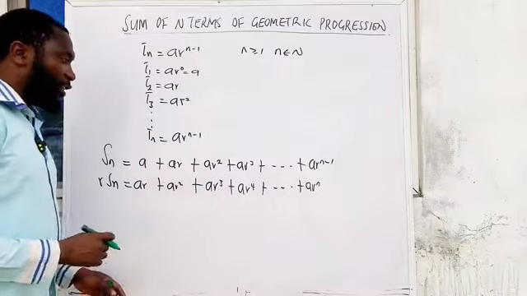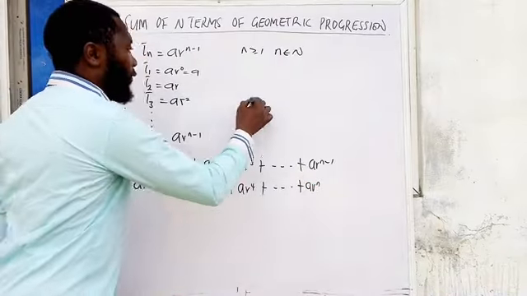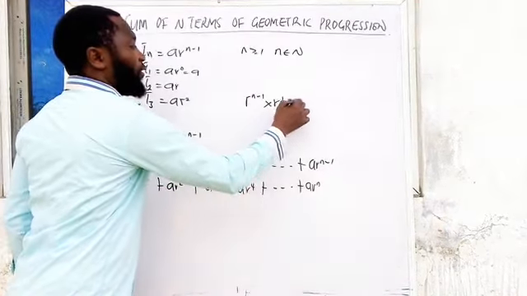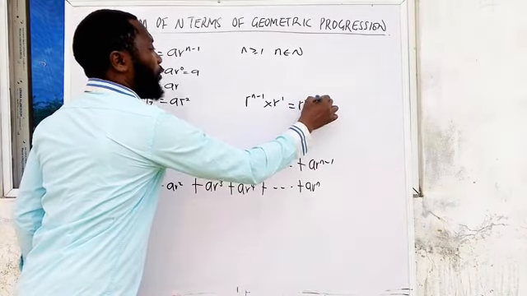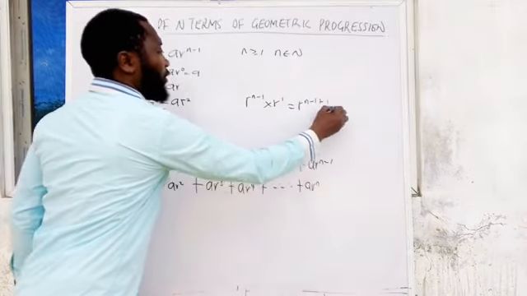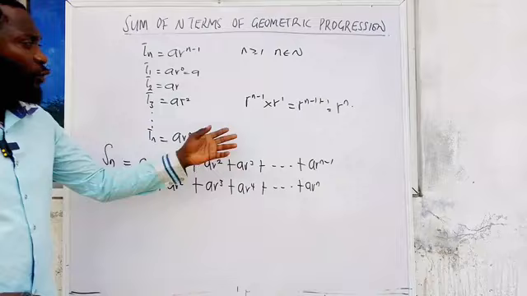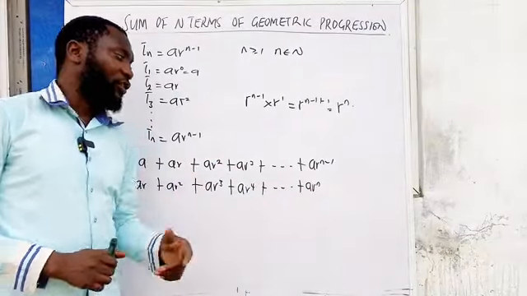Because when you multiply r raised to n minus 1 by another r, by the rule of indices, that is r raised to n minus 1 plus 1, which is just ar raised to n.